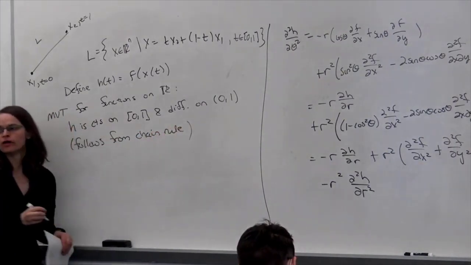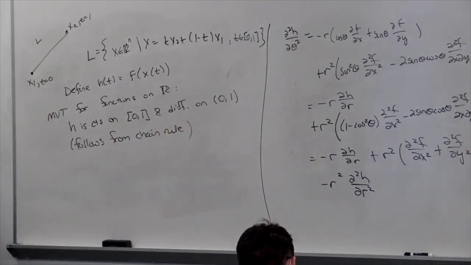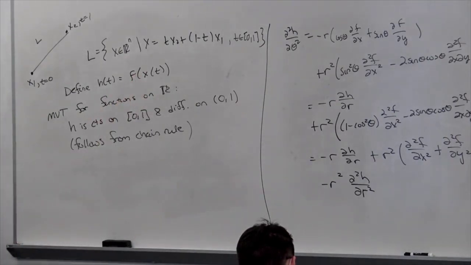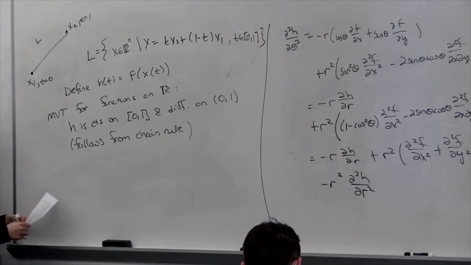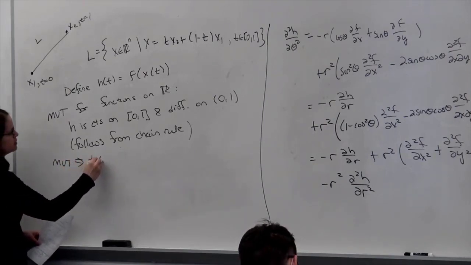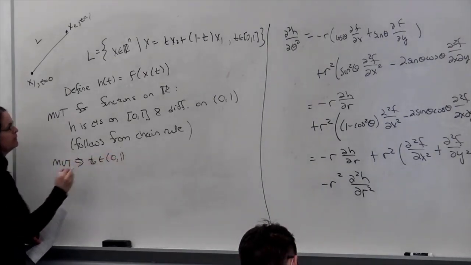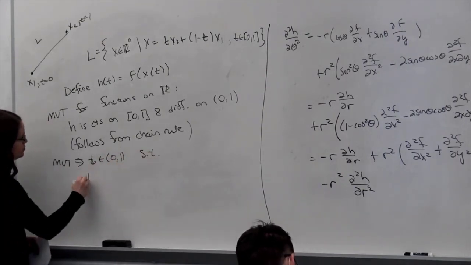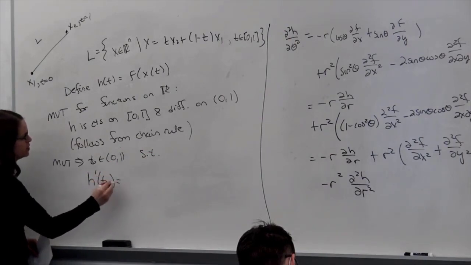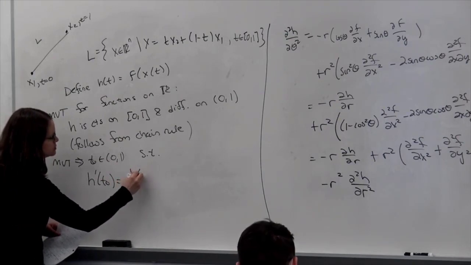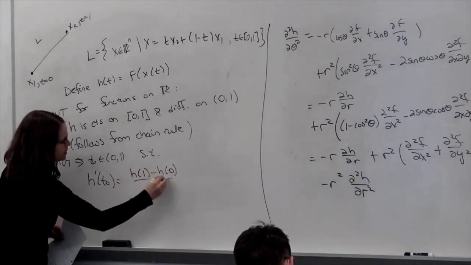Not the 1D chain rule, the full version that we just proved, because this inner function is not a one-dimensional object. And that means I can call on the mean value theorem here. So by the mean value theorem, there exists some t naught lying between 0 and 1 such that the derivative here is equal to h of 1 minus h of 0 divided by 1 minus 0.